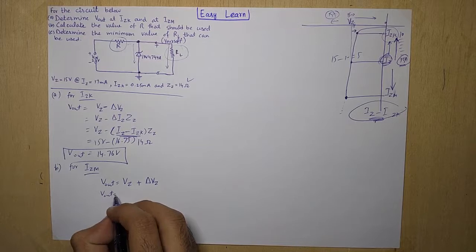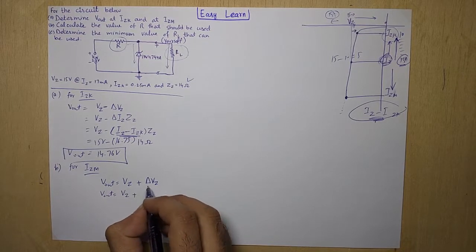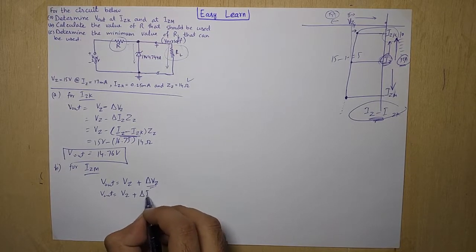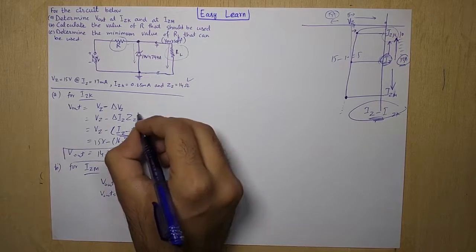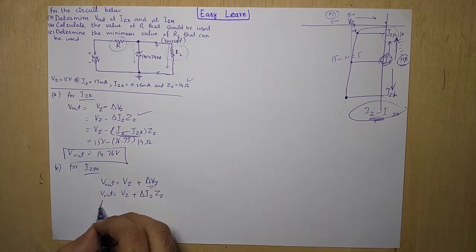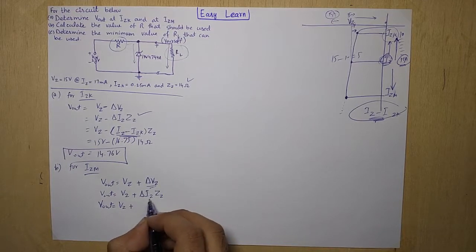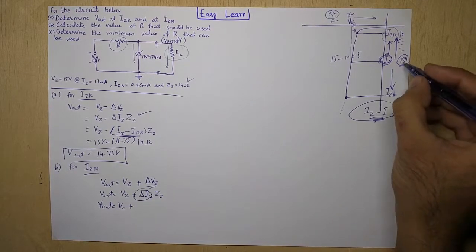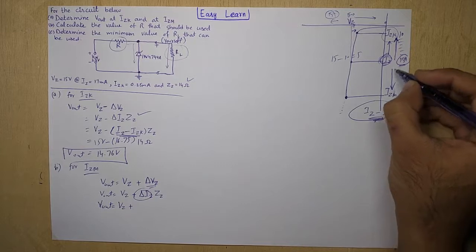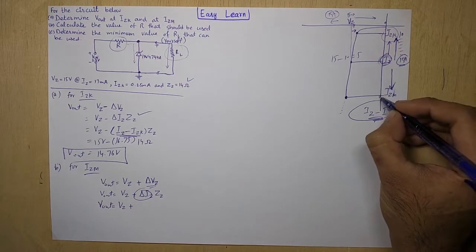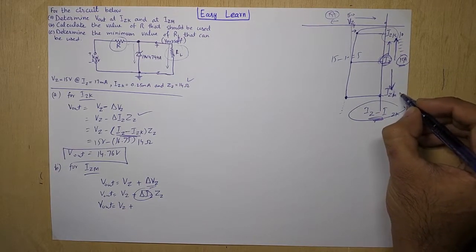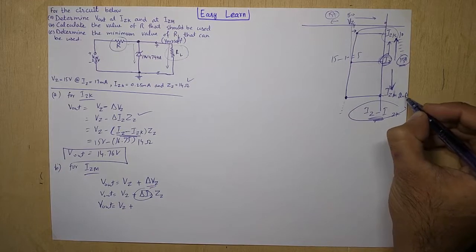V output is equal to VZ plus the change, that is delta IZ times Z. For example, IZ is 15 milliampere, and by increasing it we reach, let's say, 20 milliampere.